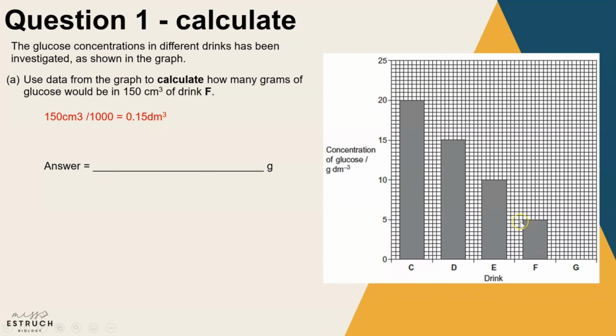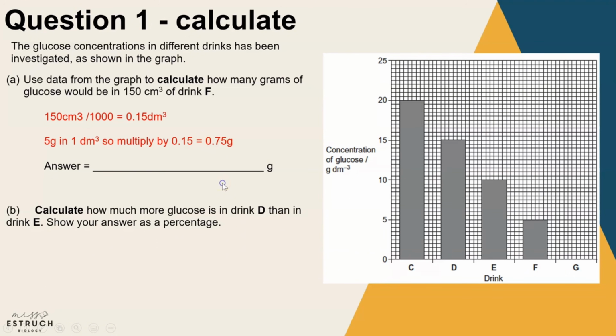Now the graph, if we read off, that tells us how many grams there are in 1 decimetre cubed, but we have 0.15. So that is why we would actually do 5 grams, because if we read across, ideally with a ruler, but don't have one on the computer, we do 5 grams multiplied by what we actually have, 0.15. So the answer is 0.75 grams.